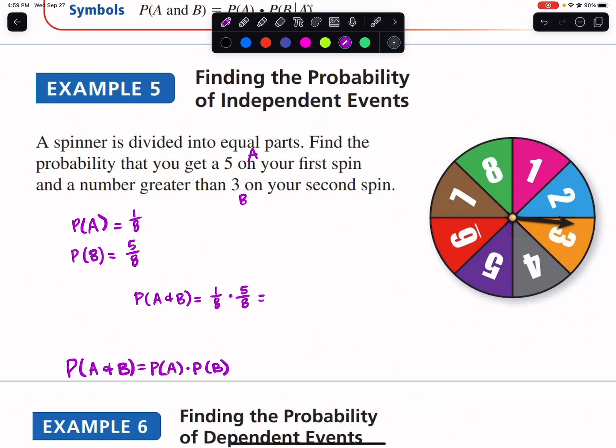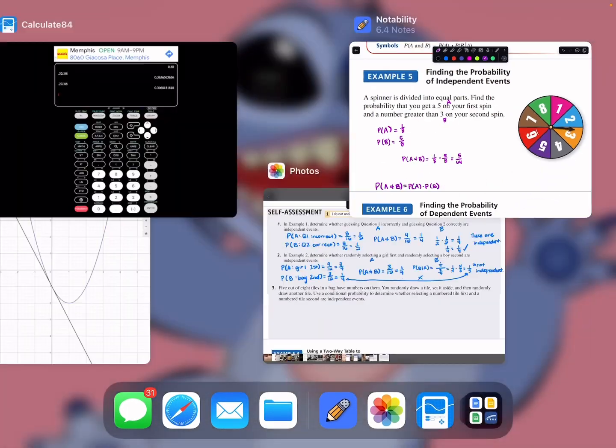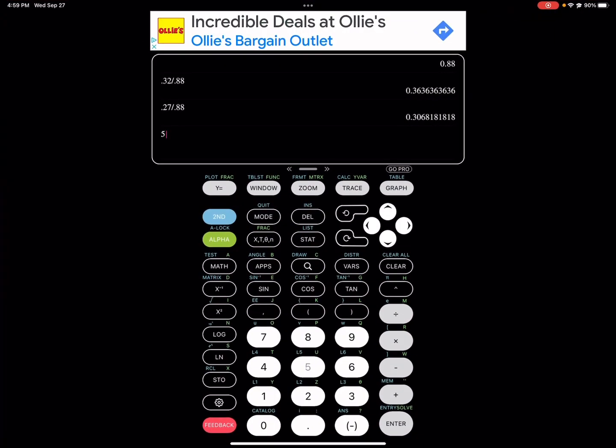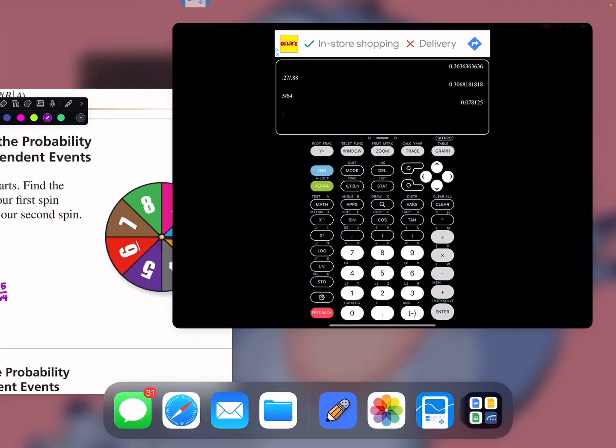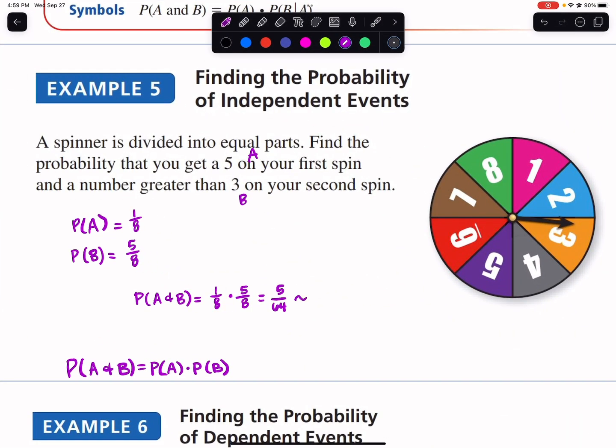So 1 times 5 is 5, over 8 times 8 is 64. Convert that to a decimal, 5 over 64, about 0.078. Or about 7.8%.